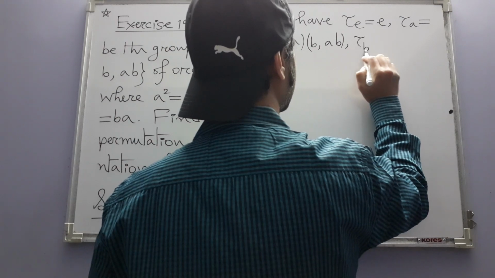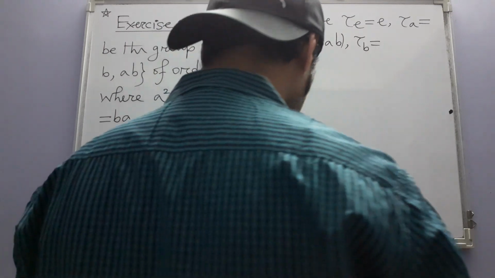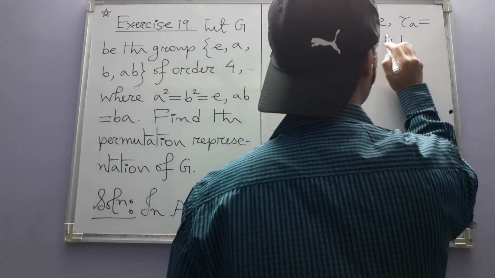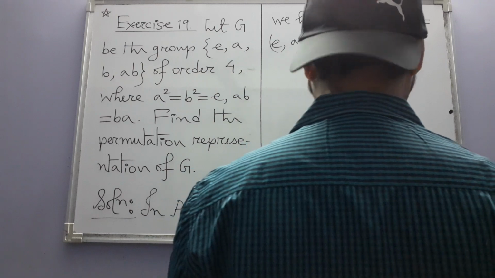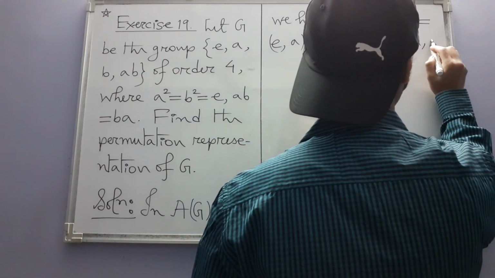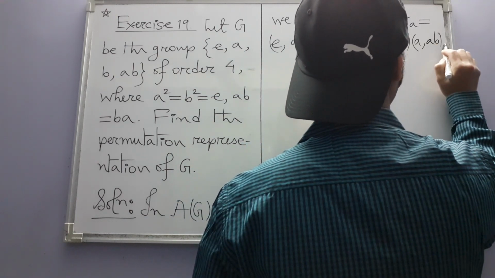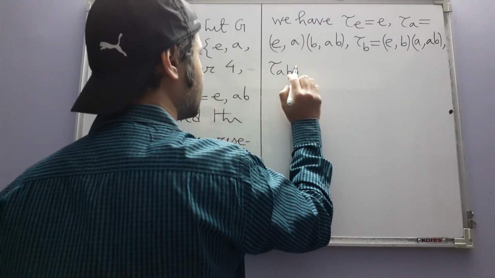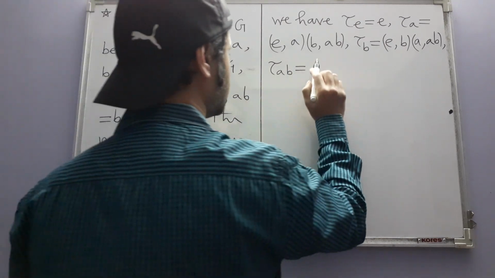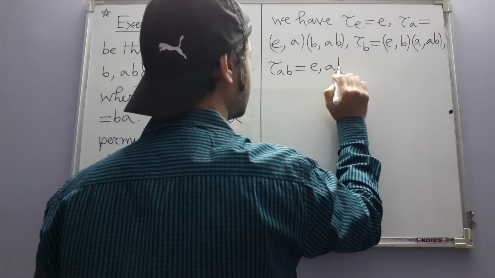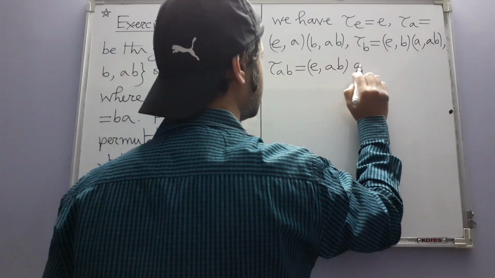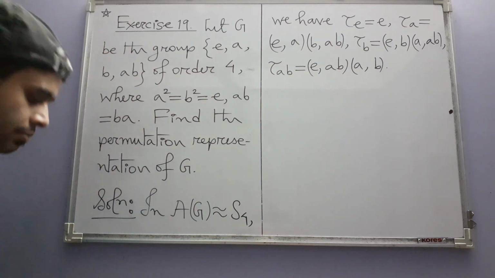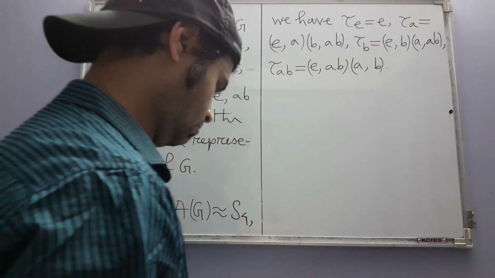Then tau b is again another one such: (e, b) times (a, ab), and then we have tau ab also, and this one is (e, ab)(a, b).